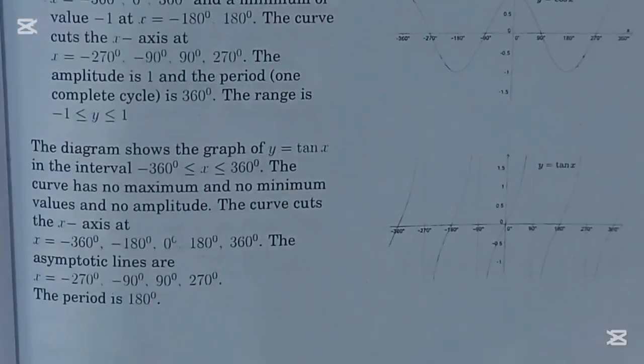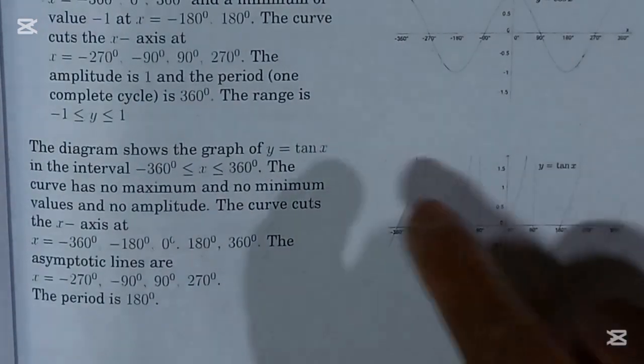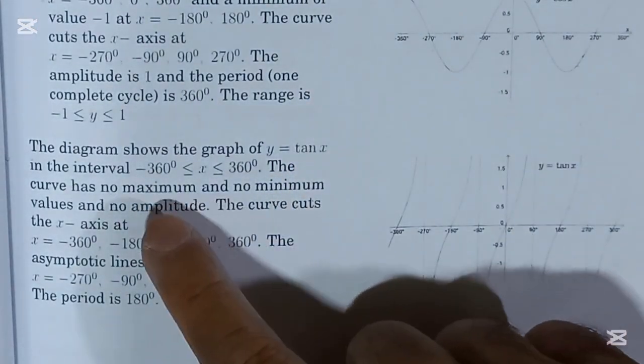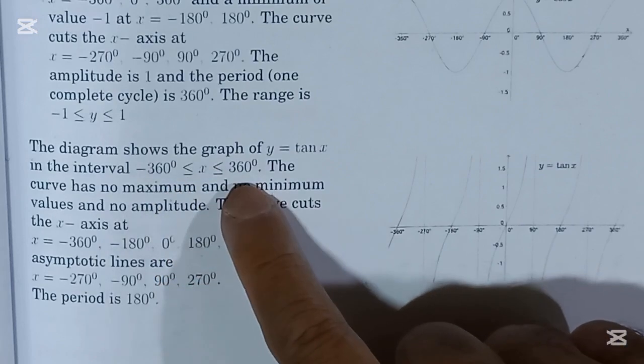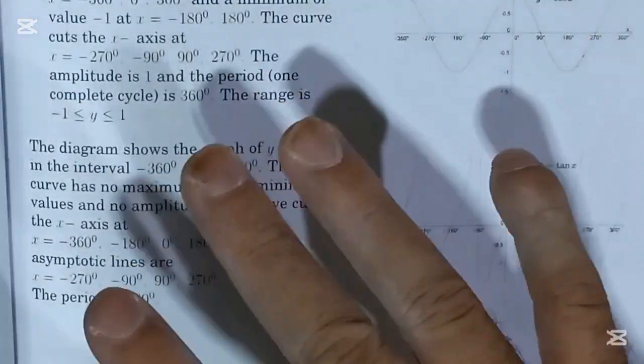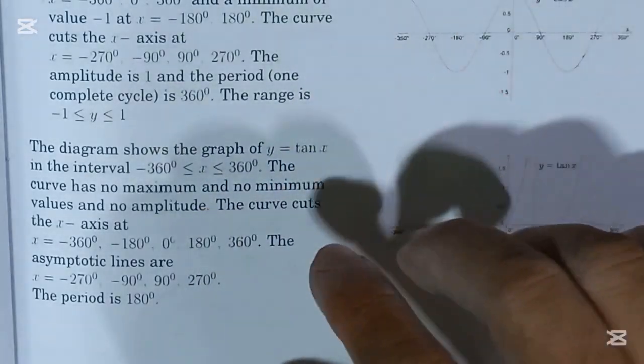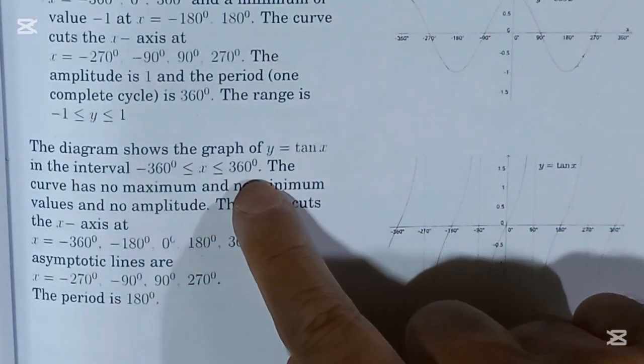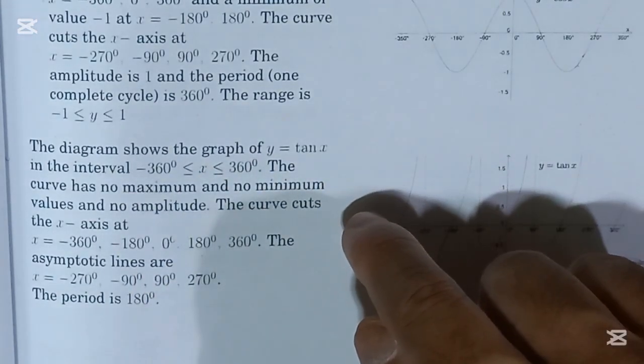Okay, next we are going to discuss the graph of y is equal to tan x. Again, the range is given -360 to +360 degrees. Again, we have to discuss the same values, the maximum and minimum values of tan theta in this range and the respective angles.